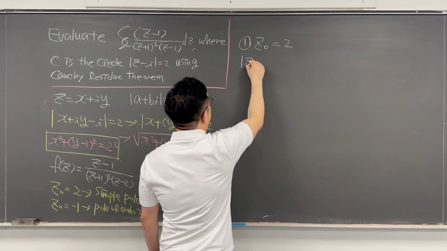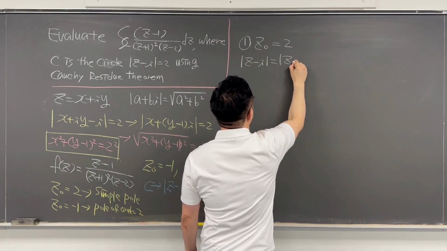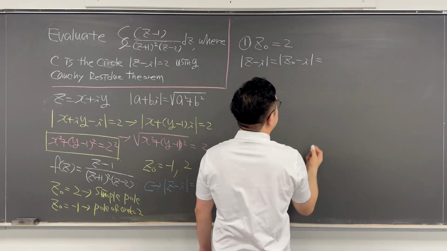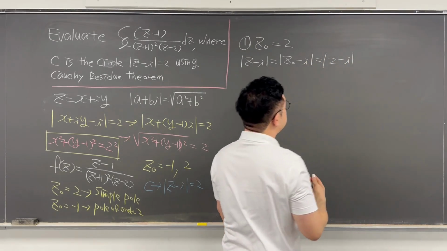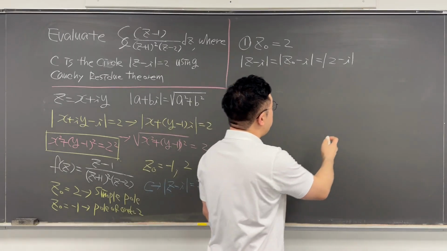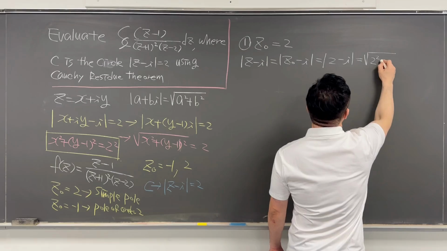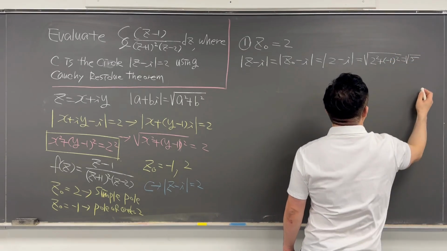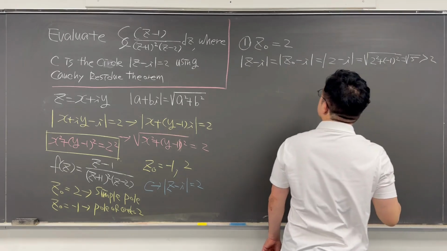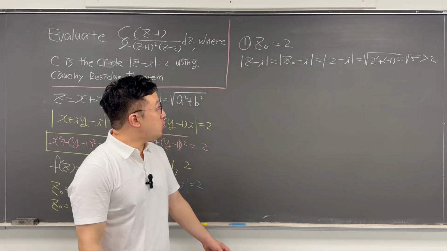Then the absolute value of z minus i is z naught minus i, the same as the absolute value of 2 minus i. Using the complex arithmetic rule, this is the same as the square root of 2 squared plus (-1) squared, that is the square root of 5, which is greater than 2. Meaning this 2 is outside of your curve. That is not the one we need to consider.